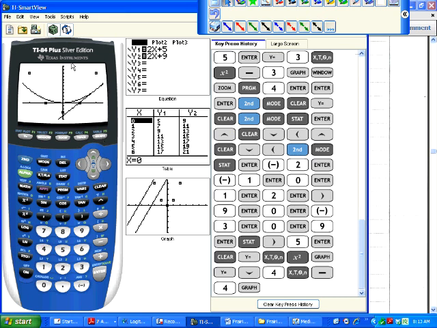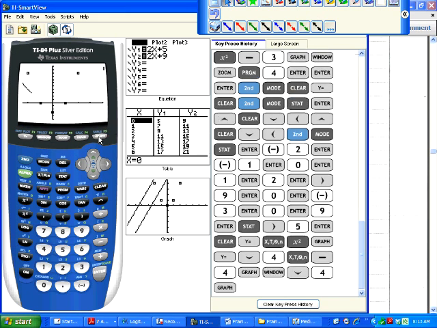And we can see that that looks pretty good. Let me go to my window and let's move our x max out to about 4 and hit graph again just so we can get a little bit better look. So we can see it does appear to be a tangent line. It should hit at the point (2, 4). Let's just ask it where these two intersect.